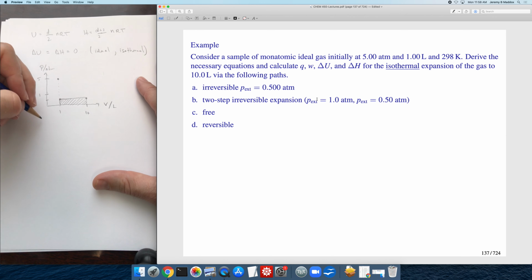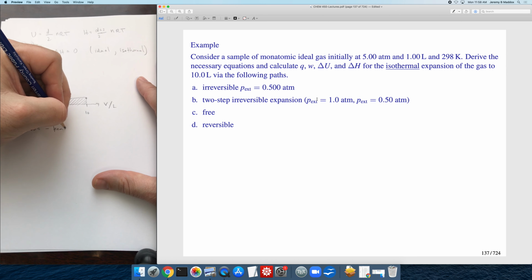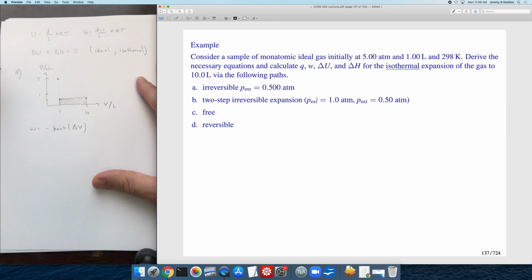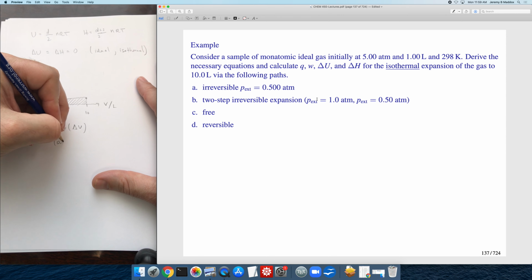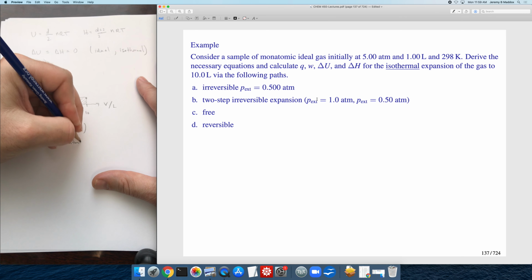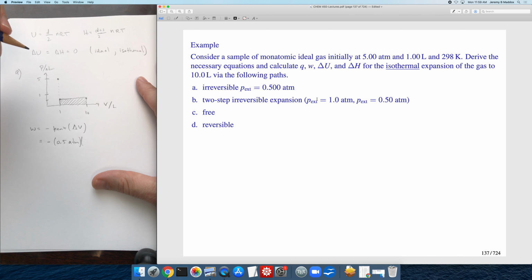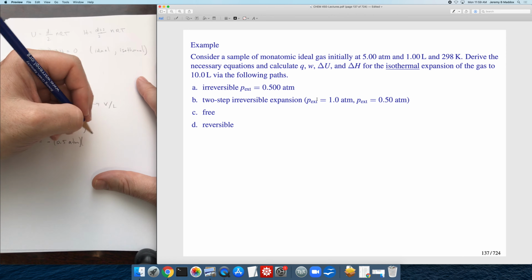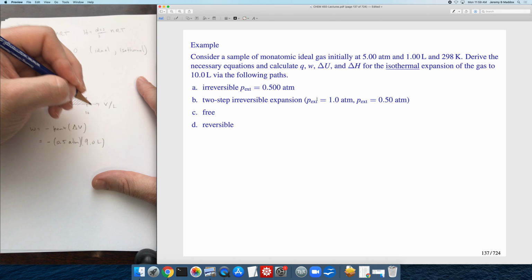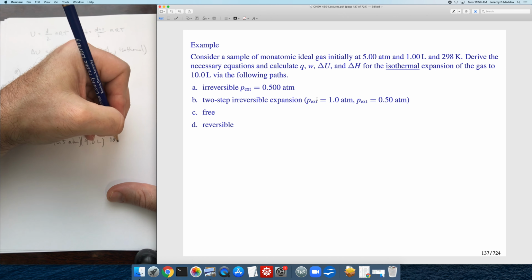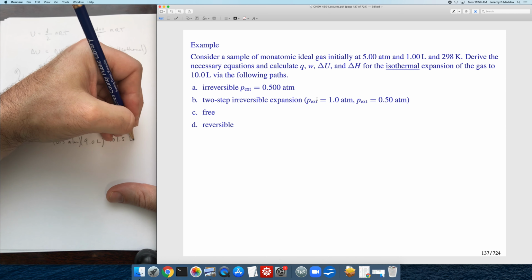And so in this case, work is going to be equal to minus the external pressure times the change in volume. Write it like that. So we've got the external pressure in this case is 0.5 atm. We have a change in volume that is 9 liters. And then what I'm going to do is convert that to joules.